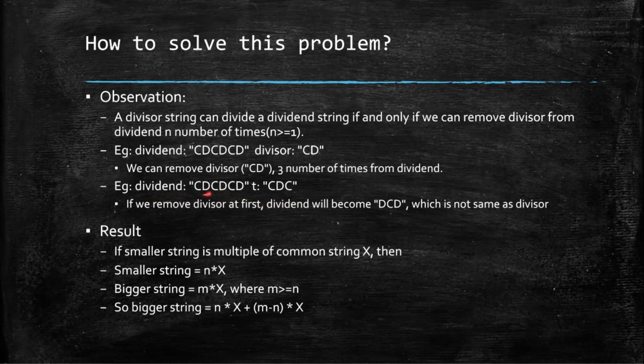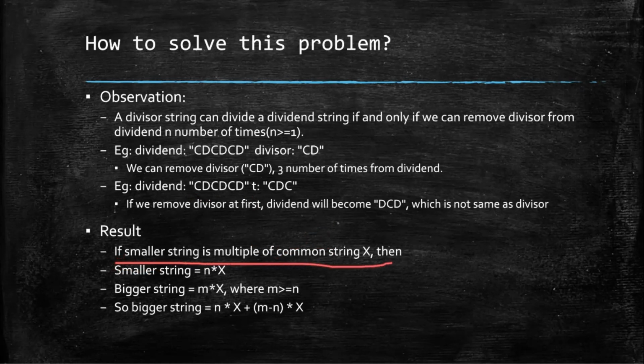In example 2, I can remove CDC from the first half, but the second half is not equal. Therefore this divisor can't divide the whole dividend, and it can't be removed n number of times, where n is greater than or equal to 1.